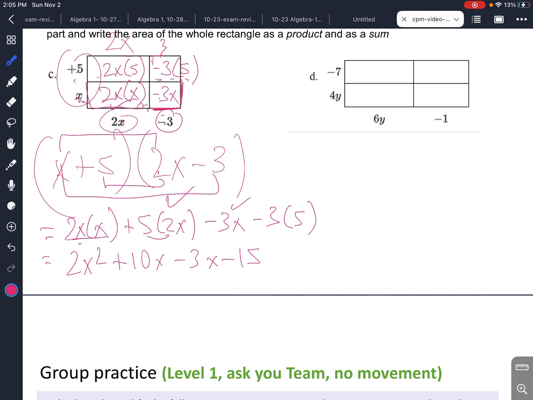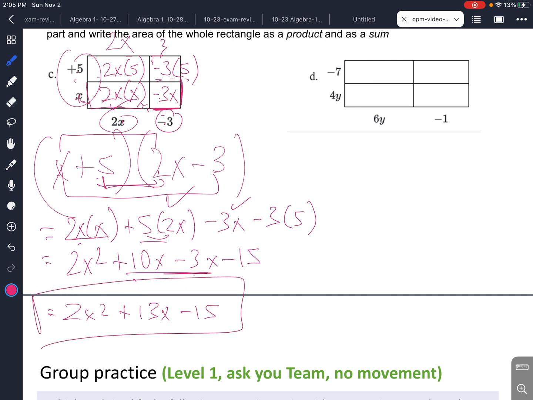X times -3, -3x. 5 times 2x is my 10x. And 5 times -3 is -15. Now, I can add these together. They're like terms. So I get 2x squared plus 13x minus 15. Excuse me, that's my final answer.